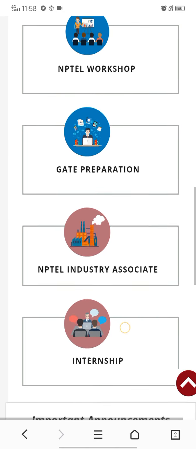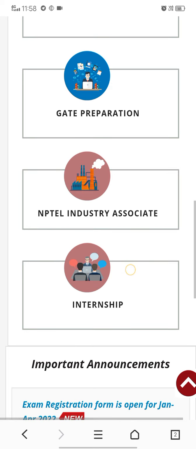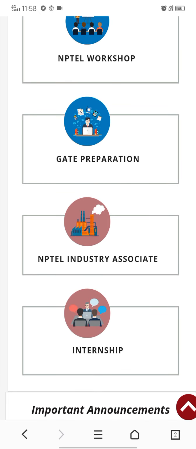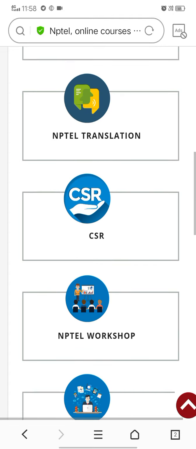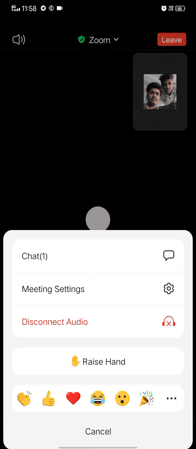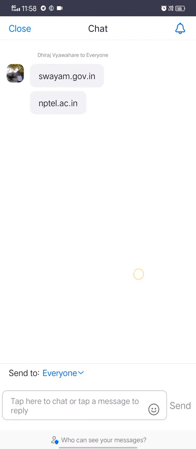So everyone has to register on nptel.ac.in or swayam.gov.in today and give me your confirmation. Yes sir, I have joined the courses. First is the C language, or introduction to C language, which is compulsory.